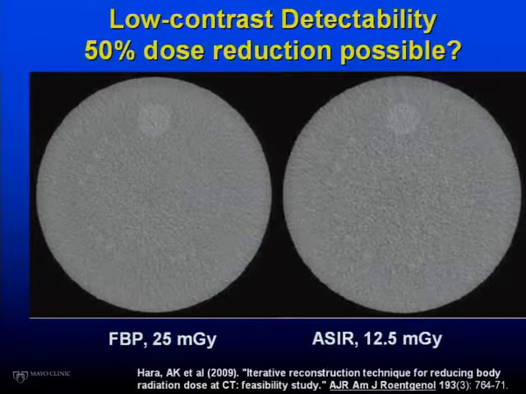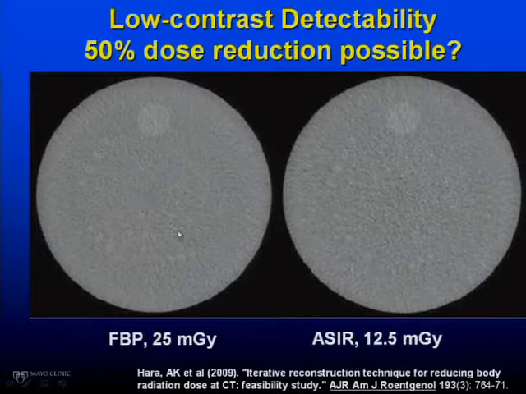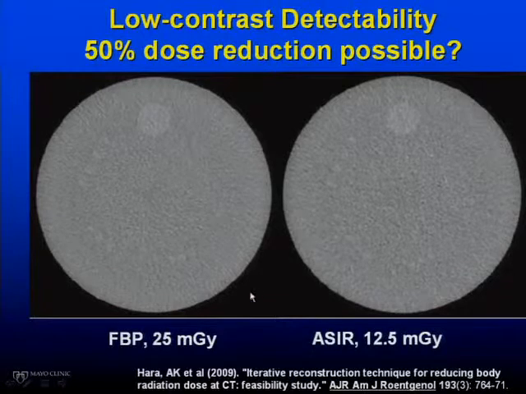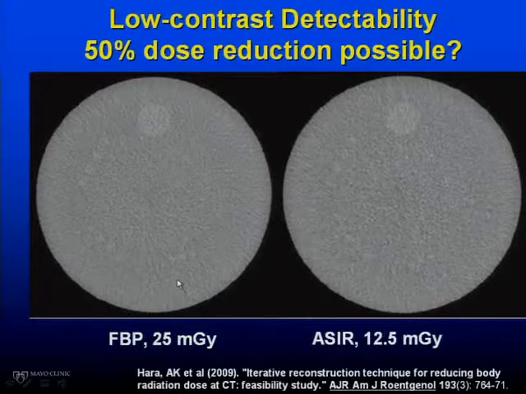To quantify the dose reduction of iterative recon, we have to look at the low contrast detectability. Here also these two images are from that paper. I apologize, taken directly from that PDF they may not be that clear, but on the left is FBP reconstruction with 25 milligray, and on the right is the ASiR reconstruction with half of the dose.